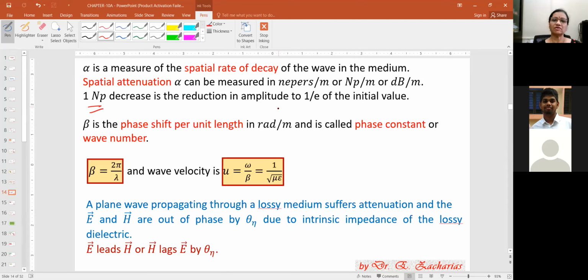1 Neper is, we said the attenuation is e to the power of minus alpha z. Okay, when z becomes equal to 1 by alpha, what will happen?